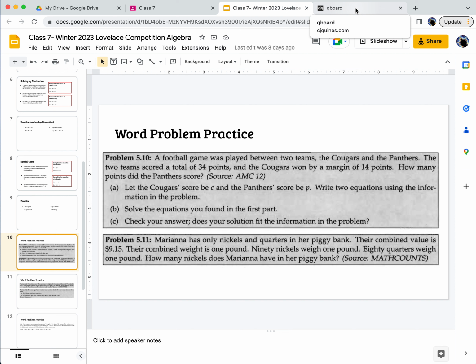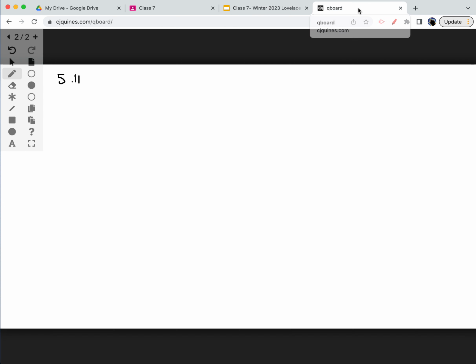It says Mariana has only nickels and quarters in her piggy bank. So we have nickels and quarters. I hope everyone remembers, but a nickel is 5 cents and a quarter is 25 cents. Okay?